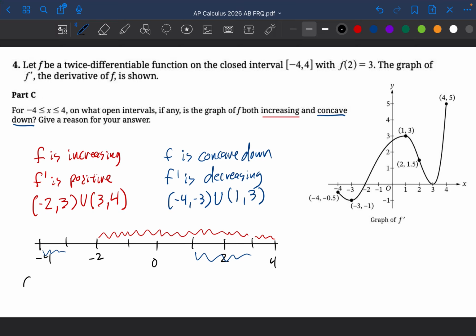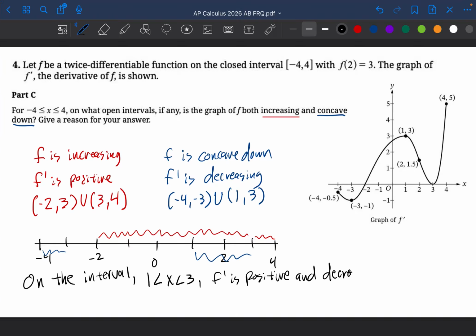Now notice that they say on what open intervals, so we have to be sure that we justify this as an open interval. So we say 1 less than x less than 3, and you can use parentheses if you want to. F prime is positive and decreasing. And that's our justification that gives us that f is increasing and concave down.